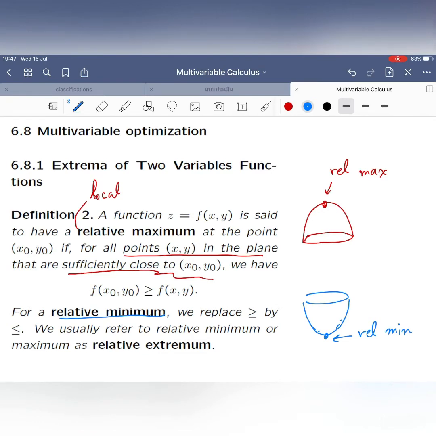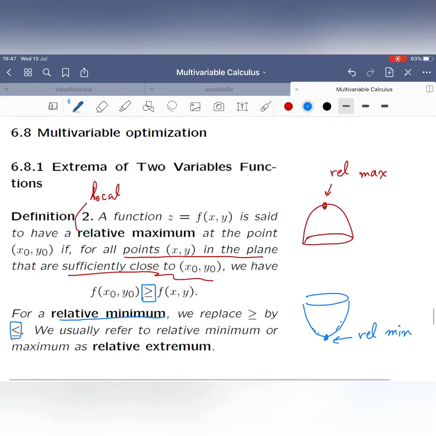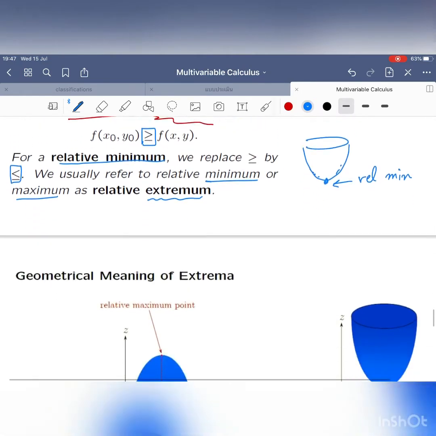We just replace this inequality with the one with less than or equal, and that will be your relative minimum. Usually if we want to refer to both of them, we use the word relative extremum.